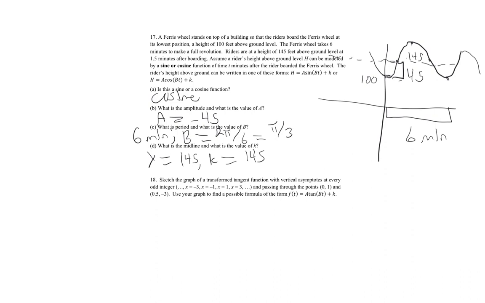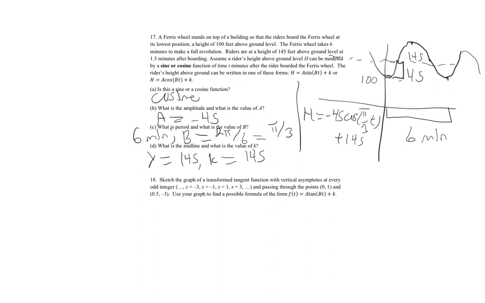So our function is h, and I'll write this right over here. H is negative 45 cosine of pi over 3 t plus 145.